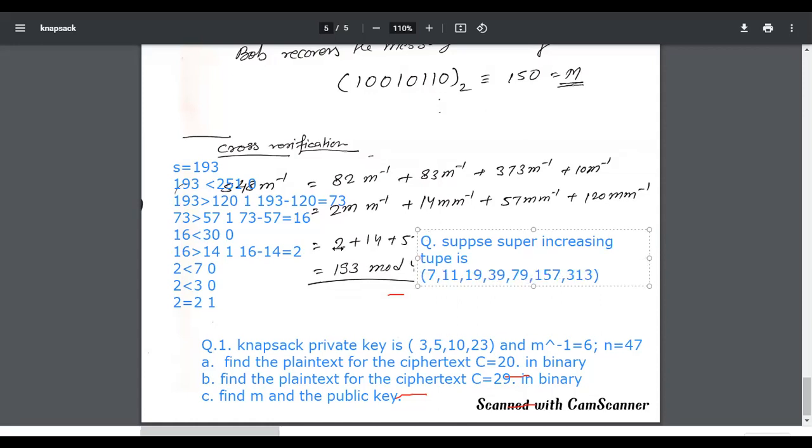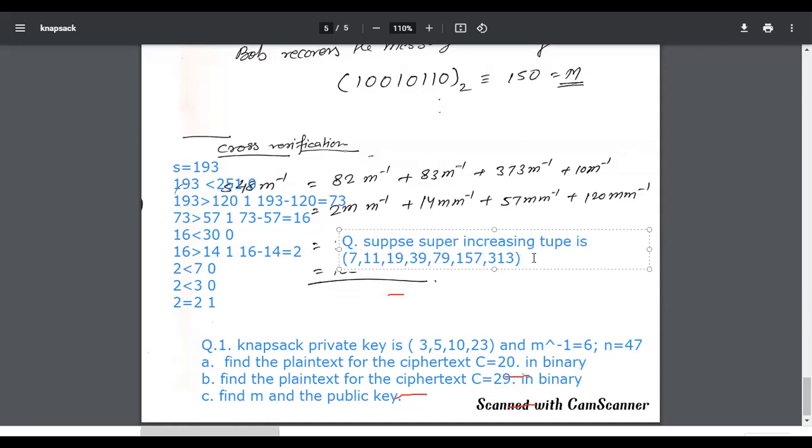And consider m equal to 37 and n equal to 9. These all are given.